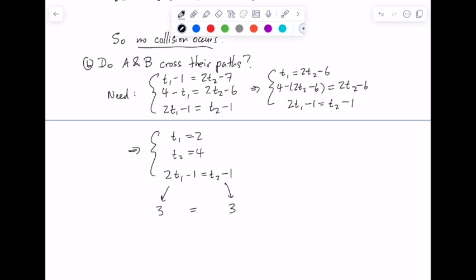This means that T1 and T2 are consistent, and yes, there are in fact values T1 and T2 such that these systems are satisfied, which means A and B do cross their paths. That means they arrive at the same point x, y, z, but possibly at different times. Here, A arrives at time equals 2, and B arrives at the point at time equals 4.